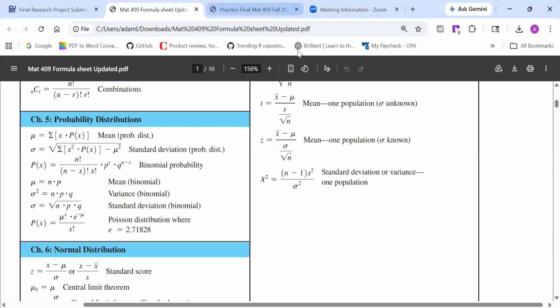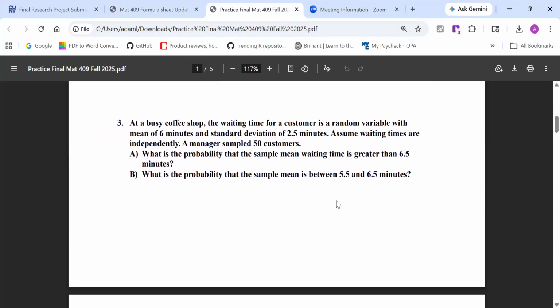And let's look at question 3. We're going to use the central limit theorem here.